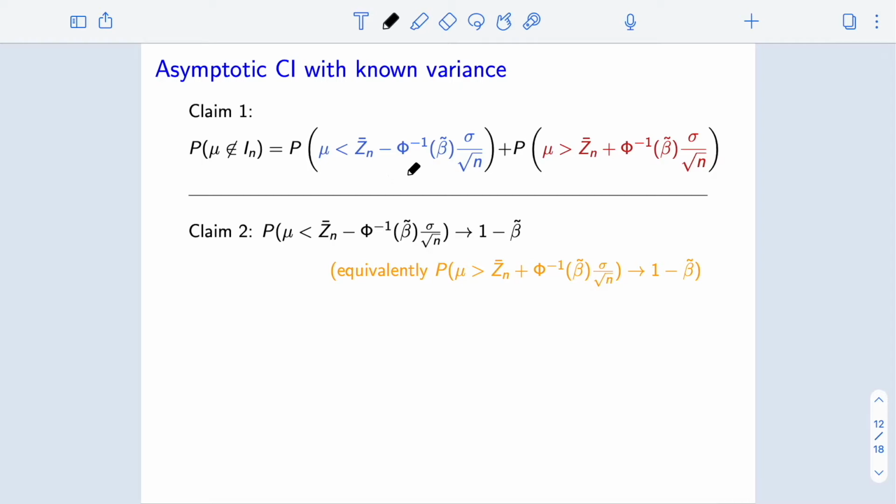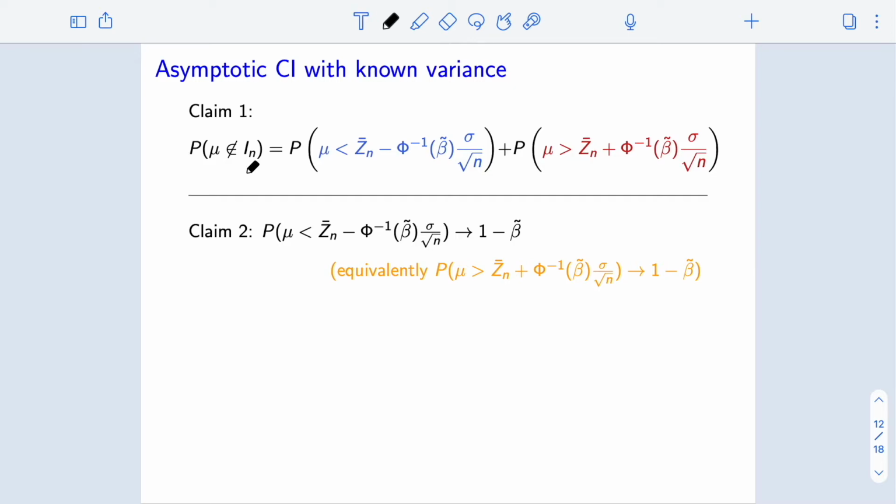Either mu can fall below the lower bound of the interval, or mu can fall above the upper bound of the interval. These two events are disjoint. Mu can only do one of these at a time; both can't happen simultaneously. So the probability that one or the other happens reduces to the sum of the probabilities that each happens.